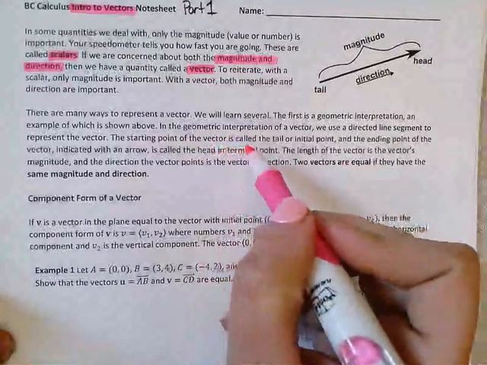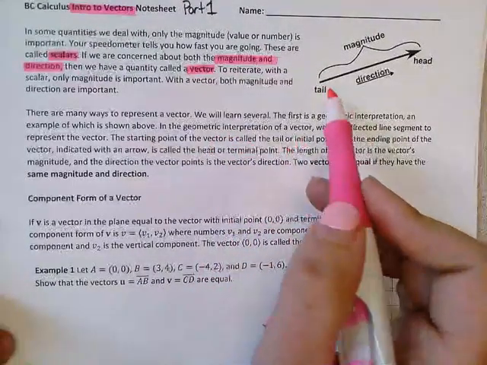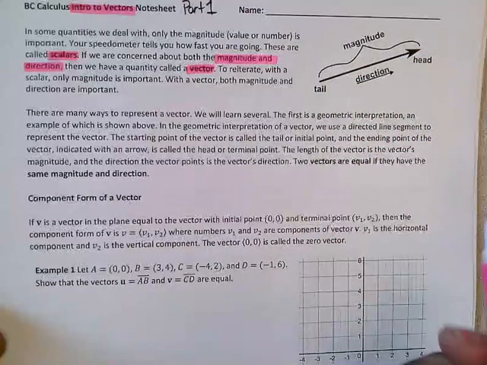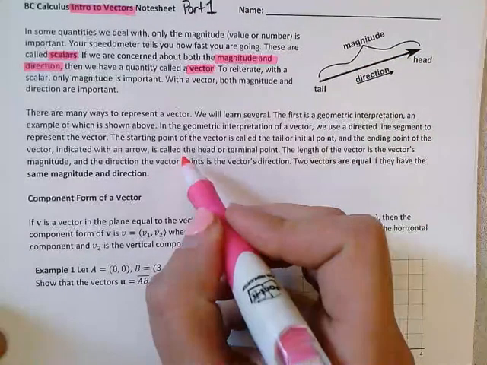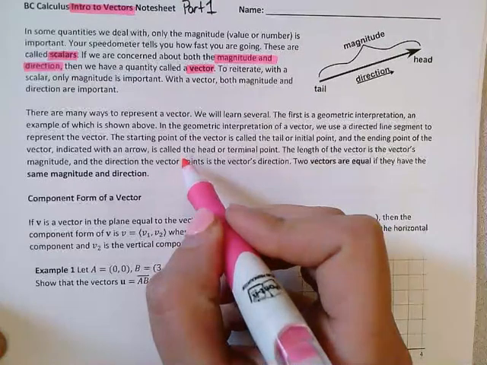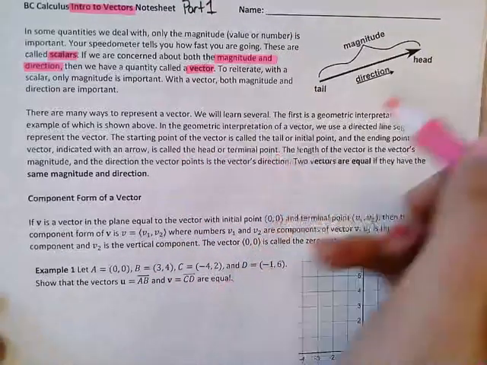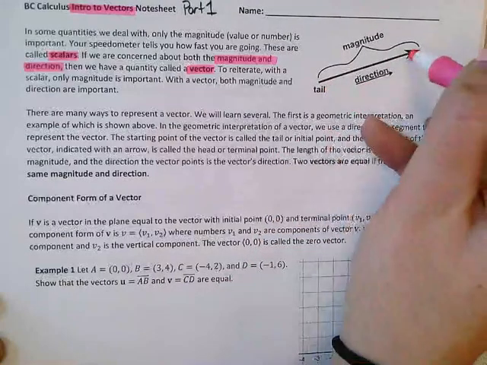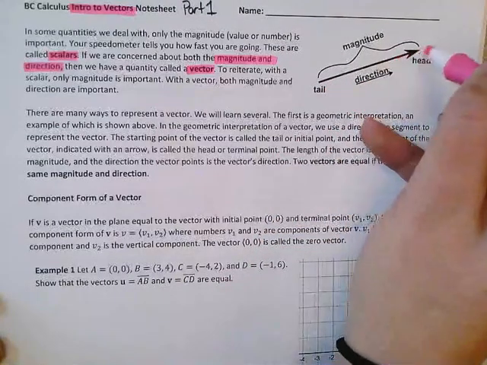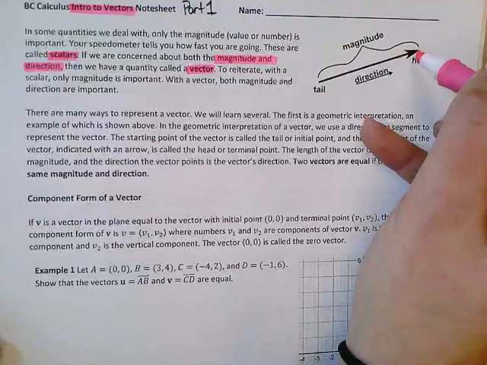We will learn several. Of course, you've already talked about the geometric interpretation, and you know about the head and the terminal point, so we have the head and the tail. The head is basically where it is going towards.